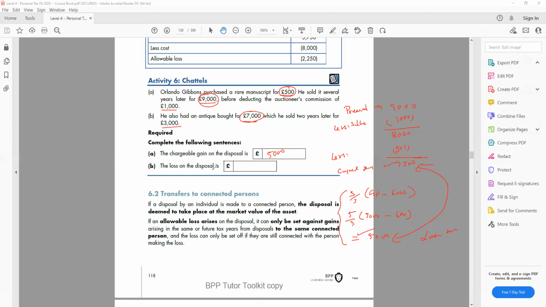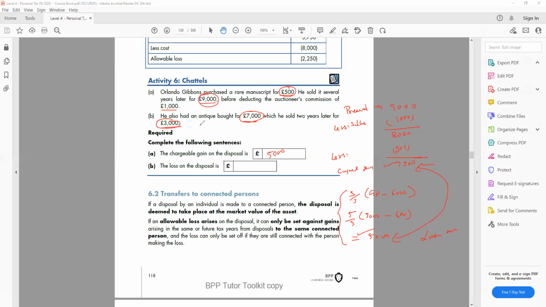The loss on the disposal, how do you calculate that? The next one: 7,000 was the cost and 3,000 was the selling price. So the cost is more than the selling price, isn't it? Even though the sale is less than 6,000, we always have to consider the proceeds as 6,000.